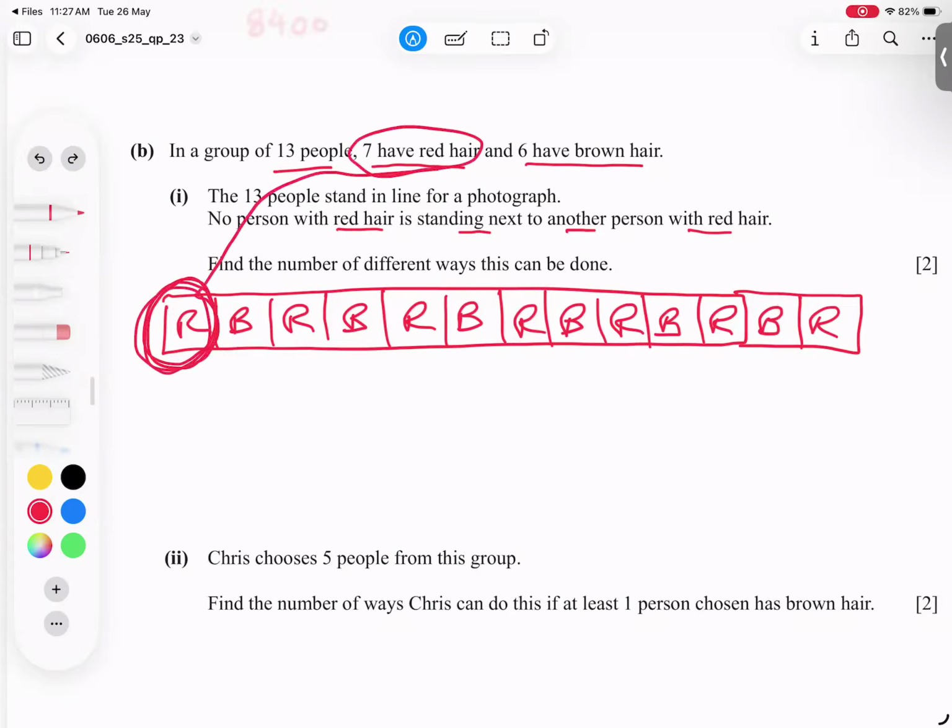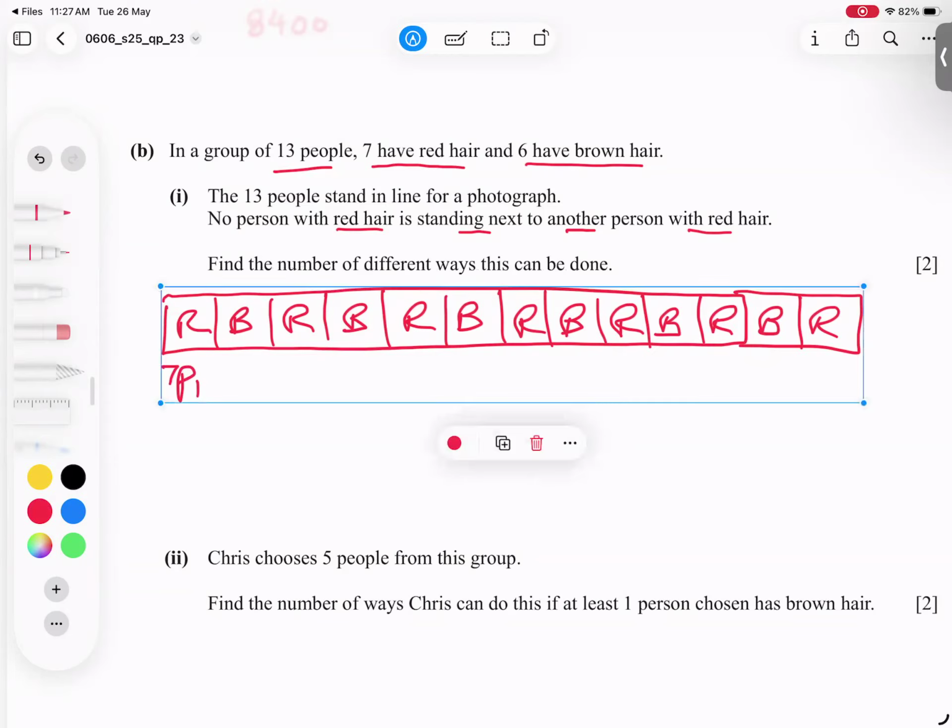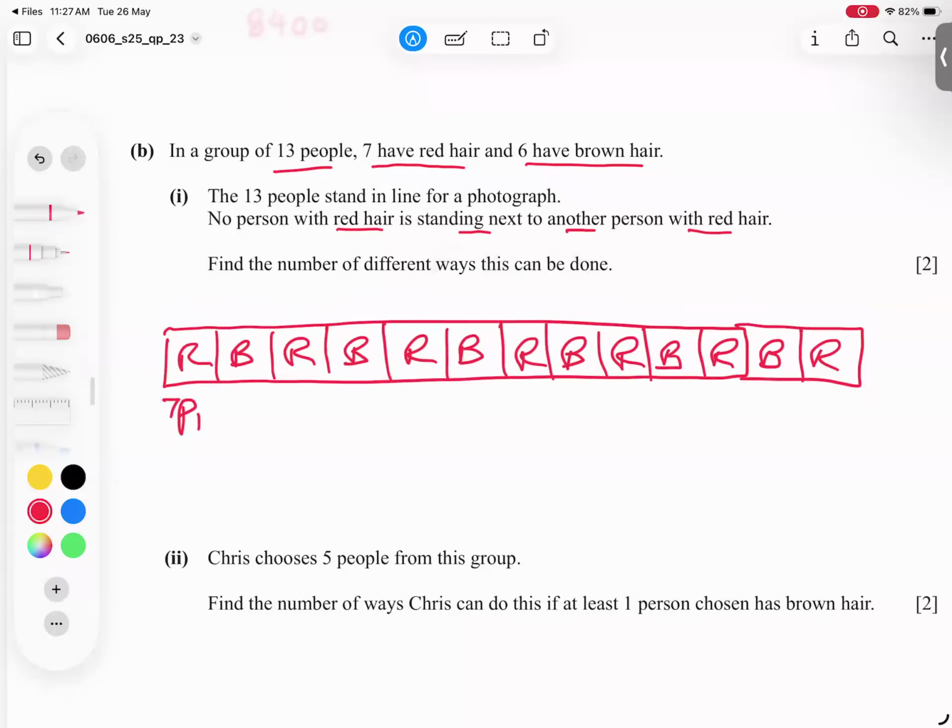So it says 7P1. Okay, I just drag slightly down so then I can tell you the final answer. And this red is naturally because one person stands here. So here 6P1, here 5P1, here 4P1, here 3P1, here 2P1, and here 1P1.